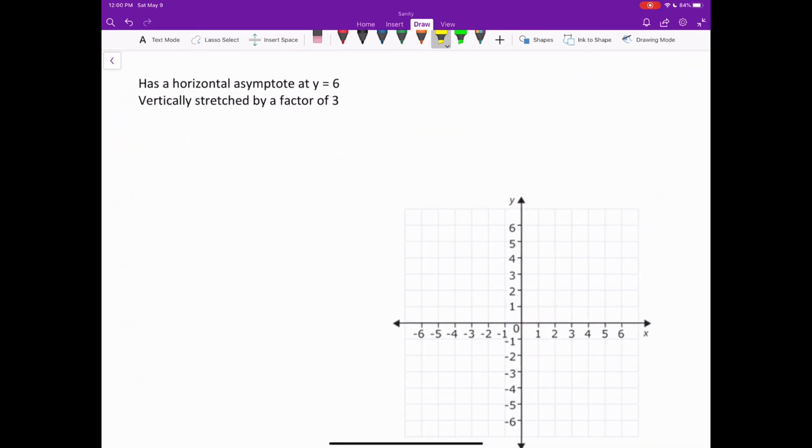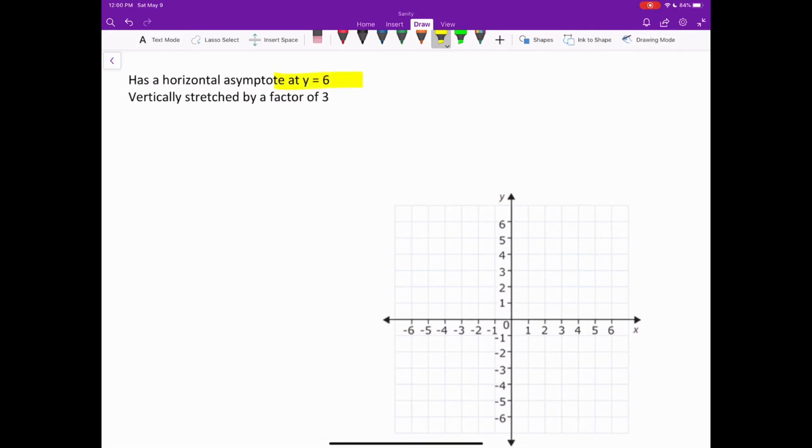So horizontal asymptote at y equals 6, again horizontal, so it's really just being added onto the end, right? So if I start with 1 over x, I'm just adding 6 to the end for that horizontal asymptote, vertically stretched by a factor of 3. So then I'm just multiplying my parent function, right?